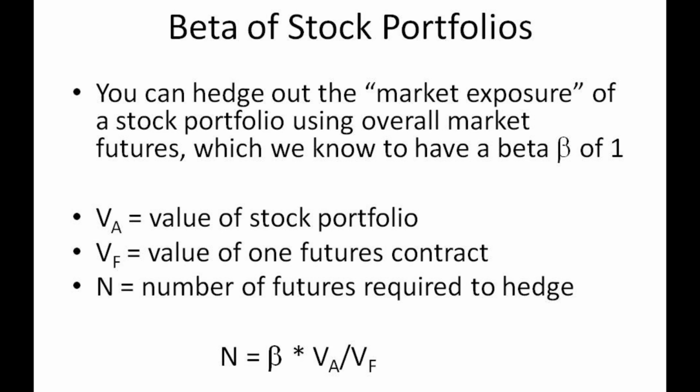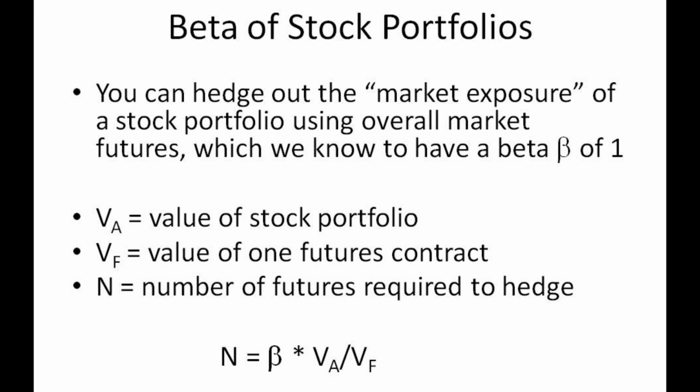Our next slide is on the beta of stock portfolios, and beta can be calculated against anything. But in our example, if you were hedging a stock portfolio with S&P 500 futures, for example, you would need to firstly hedge out the market exposure of that by looking at the beta of your portfolio.